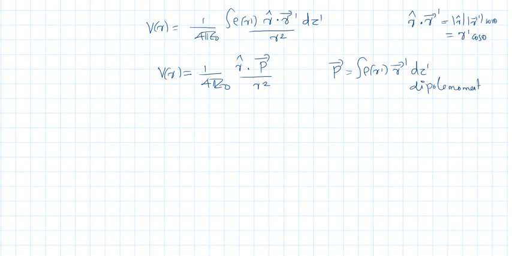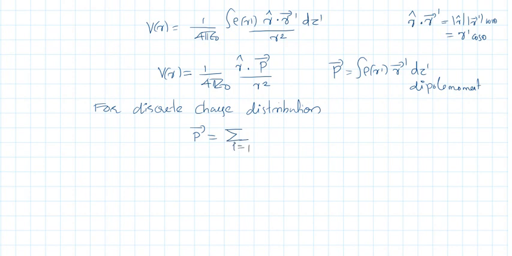So for a continuous charge distribution, if rho of r prime is the charge density, then dipole moment is defined as integral rho of r prime vector r prime d tau prime. For a discrete charge distribution, dipole moment P is, instead of integral, you will have summation. If you have n point charges, i will run from 1 to n.